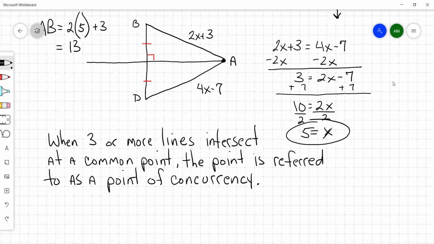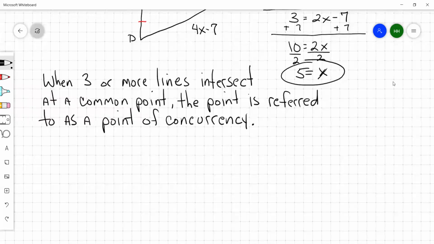Point of concurrency, where three or more lines intersect each other. Three or more lines intersect at a point of concurrency.